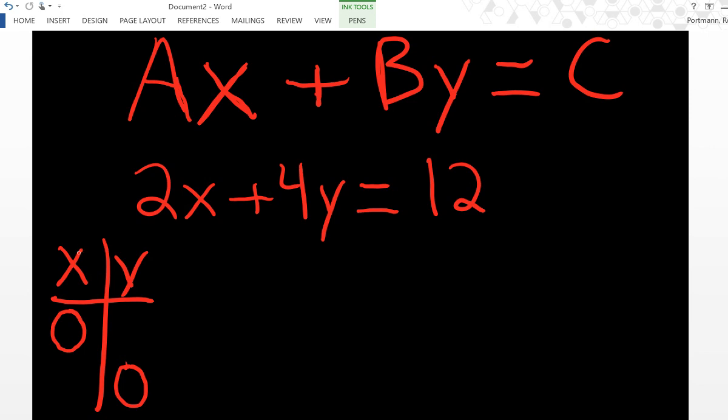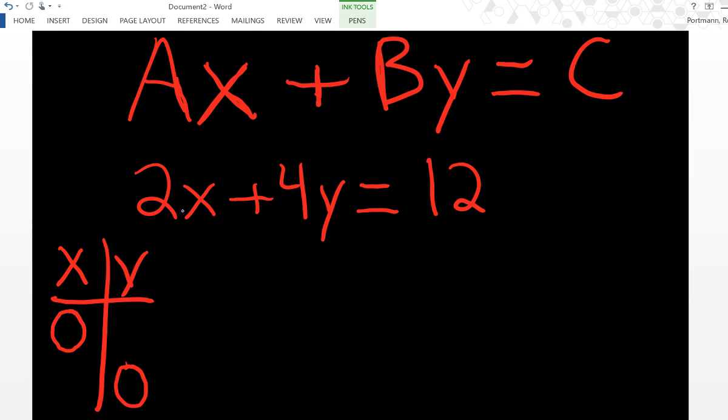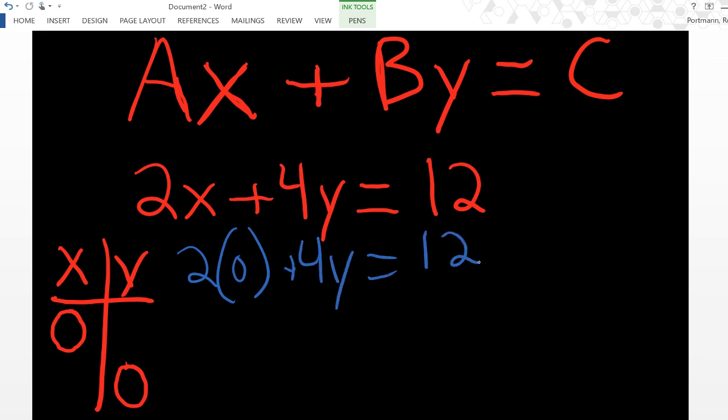The first thing we're going to do is put a 0 in for x. So just the math that's behind it. Let me get a different color here so you can see a little bit better. We'll do blue. We're going to say 2 times 0 plus 4 times y equals 12. You with me?